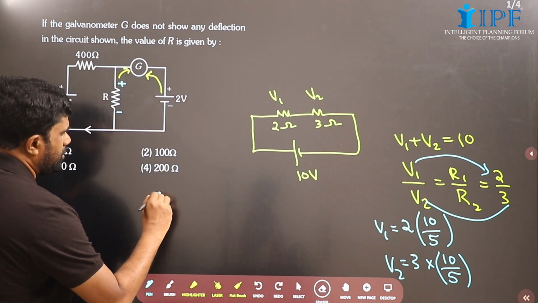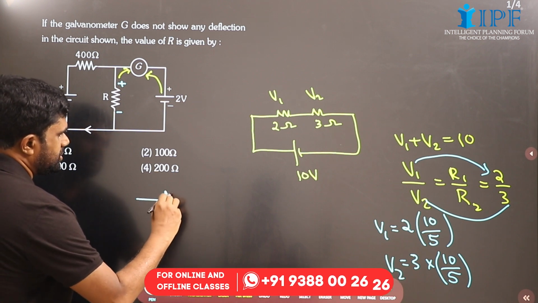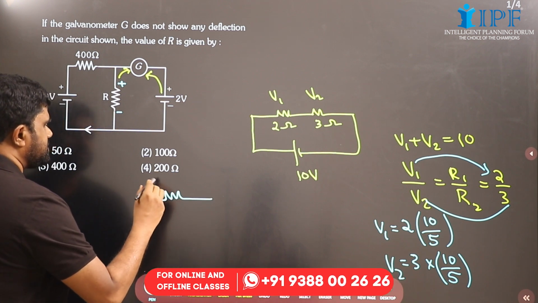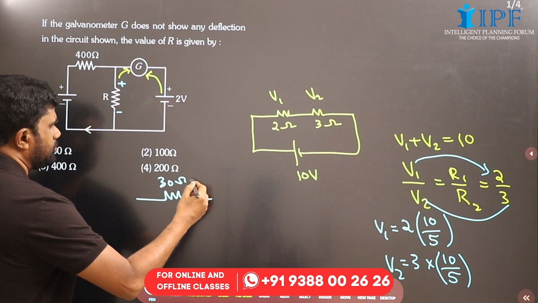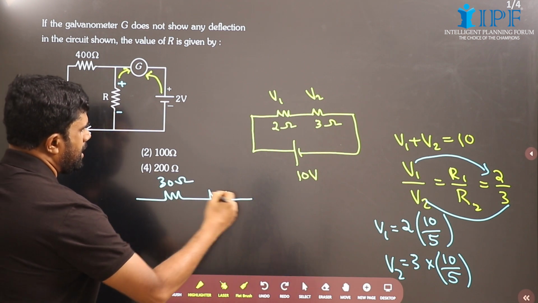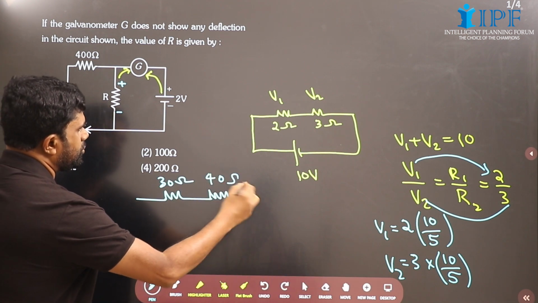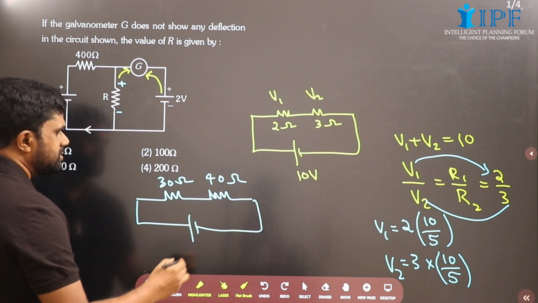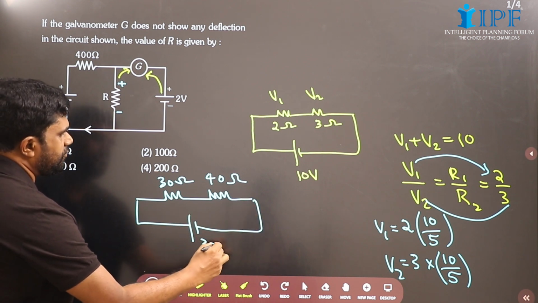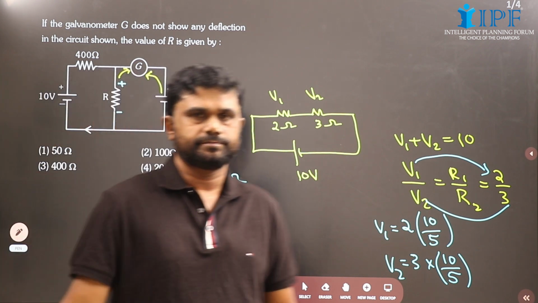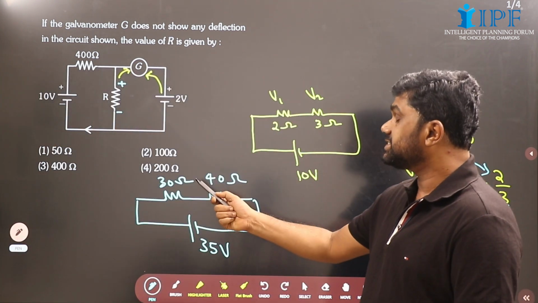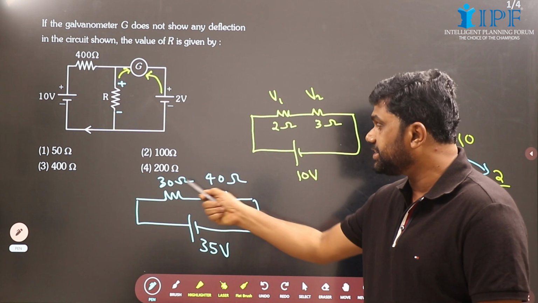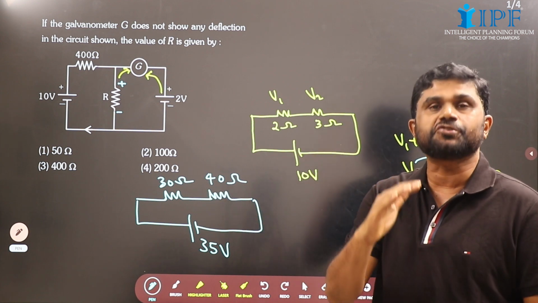Suppose we have this resistance, say 30 ohm, and another resistance, say 40 ohm, and here we have connected, say 35 volt. See, resistances are in the ratio 30:40 or 3:4.